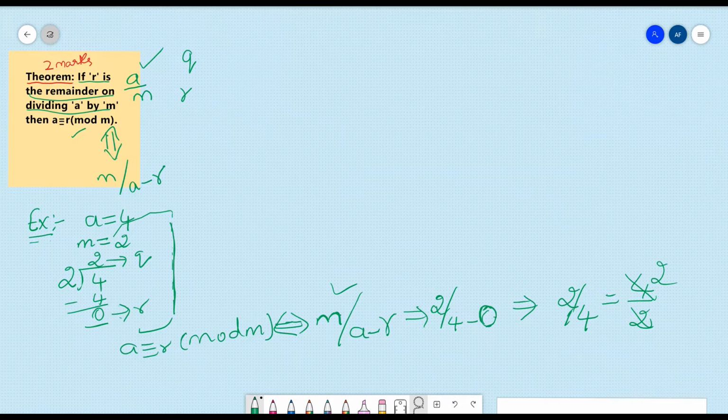Since it is an if and only if relation, I can write down A is congruent to R mod M. So with the definition of congruency, I can prove this one. The idea of this one is as simple as this, where M is a positive integer and A can be any integer. That is the idea. So let's prove the theorem.